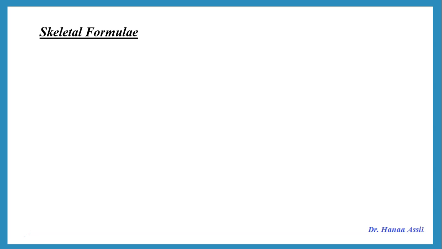But we also have something called the skeletal formula. Now, what is the skeletal formula? You should realize that if I want to draw, for example, the structure of propan-1-ol, I have 3 carbons and I have an OH. If we look at the carbon skeleton, so where are the carbons in the structure?